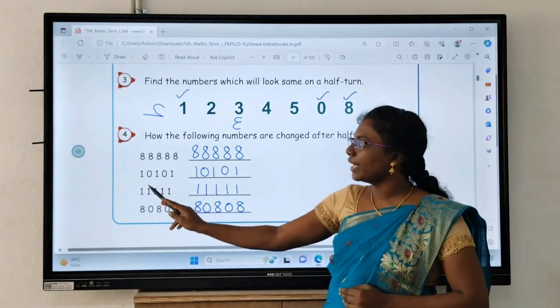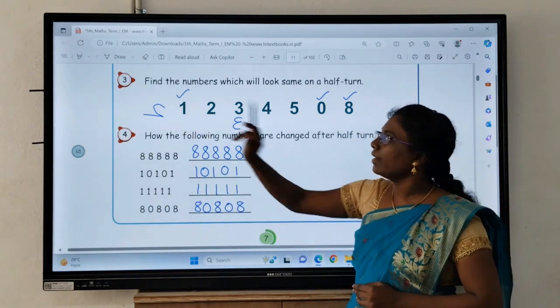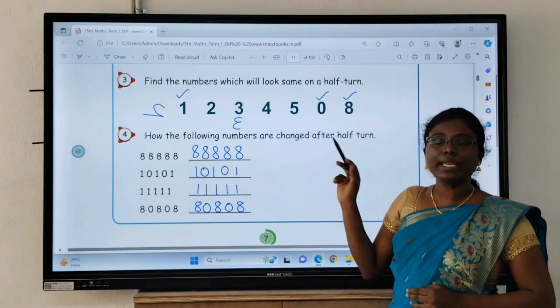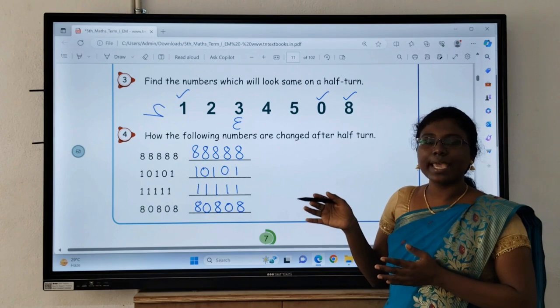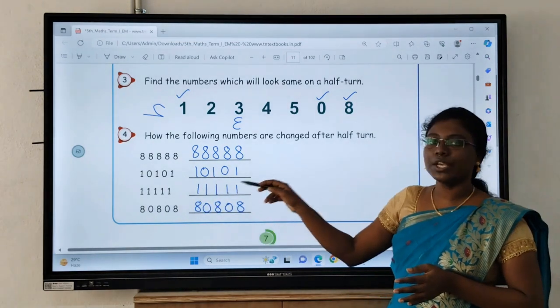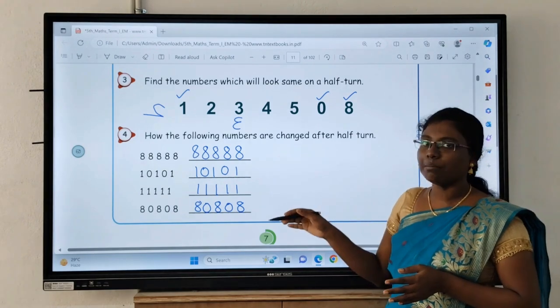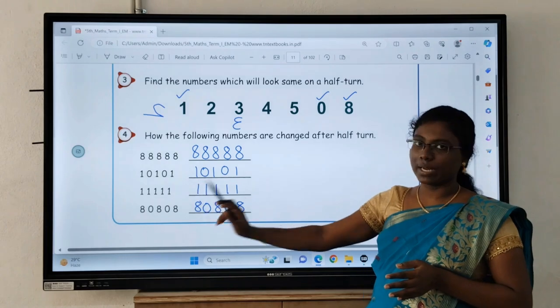Next, 1 0 1 0 1. Already we have seen 1 and 0 will remain the same. They will not change their place. So 1 0 1 0 1 is the same answer. Next, 1 1 1 1 1.